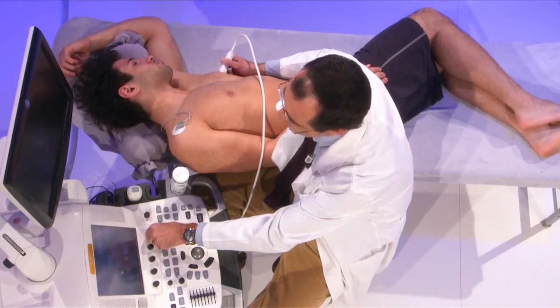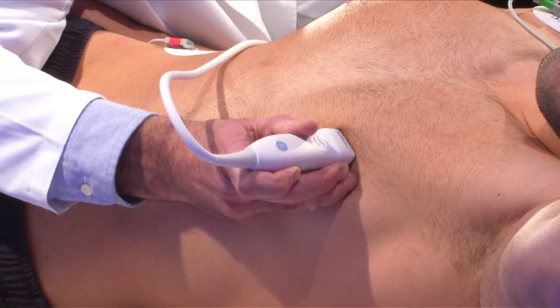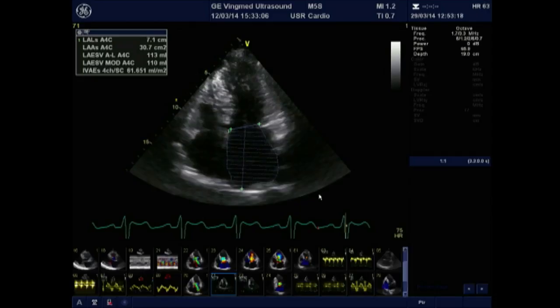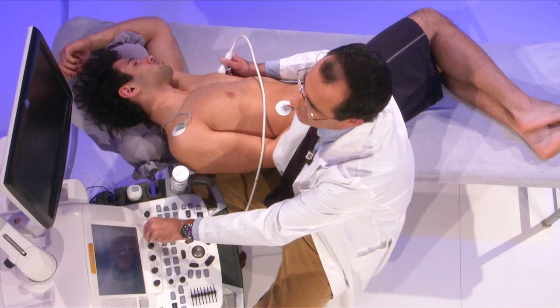Now I moved again to the four-chamber view with color to measure the indexed left atrial volume, which is another important parameter, because, on one hand, it points to increased left ventricular pressures, and on the other hand, this increased volume has important prognostic implications in several diseases, including in this disease.